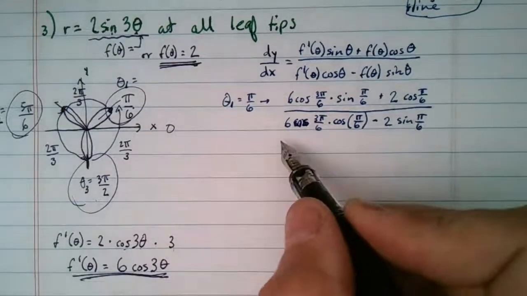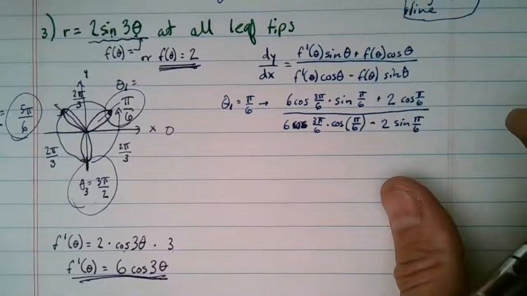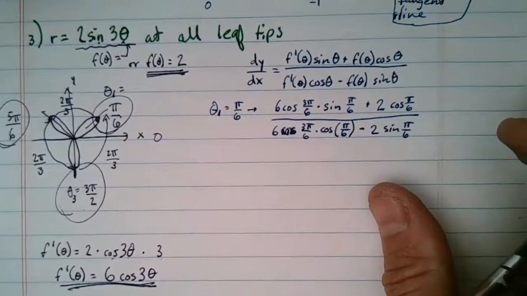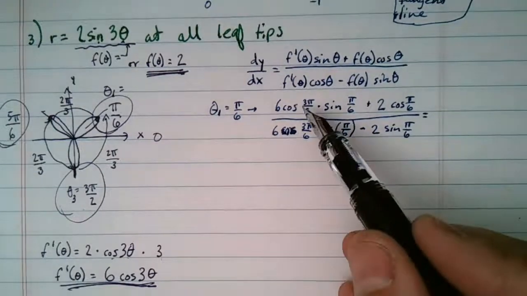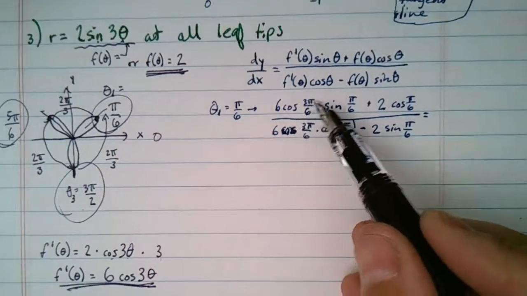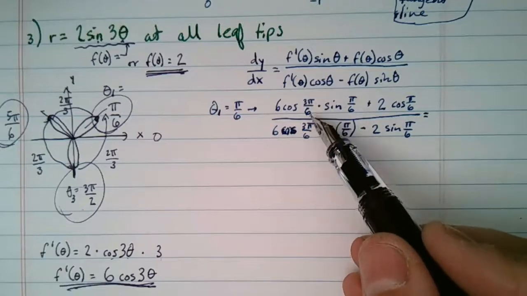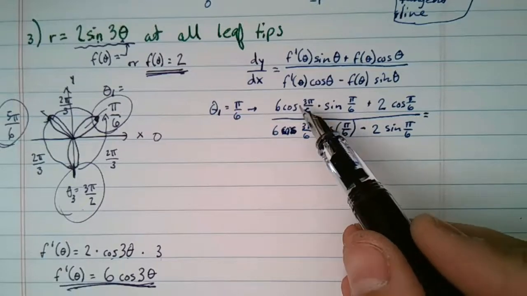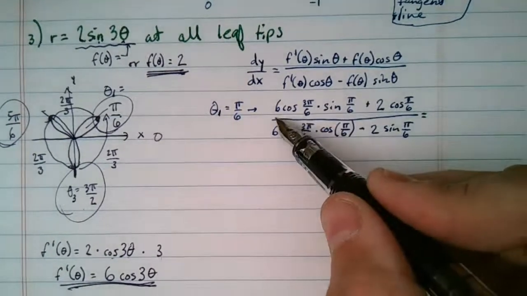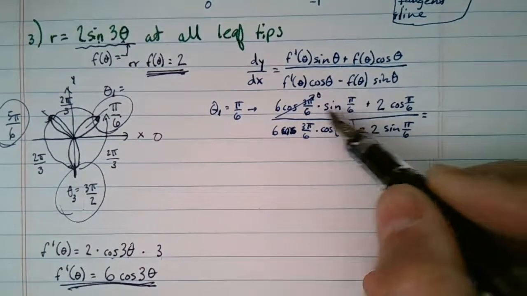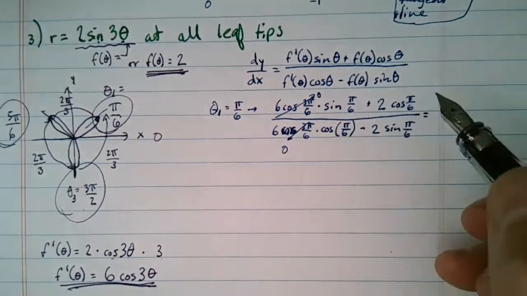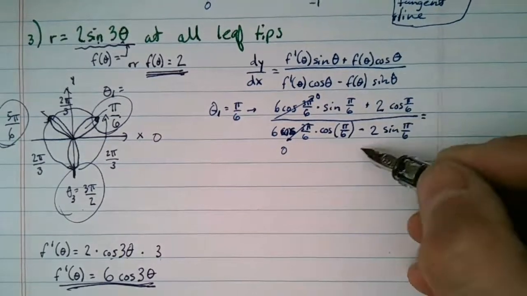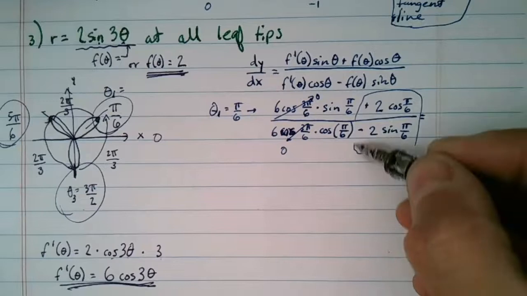Now I just need to simplify this fraction. So cosine of 3 pi by 6, that's pi by 2. That's 90 degrees. Well, cosine of 90 degrees is 0. So this whole quantity becomes 0, and this whole quantity becomes 0. Okay? So what that leaves me with is just this piece of the fraction here.